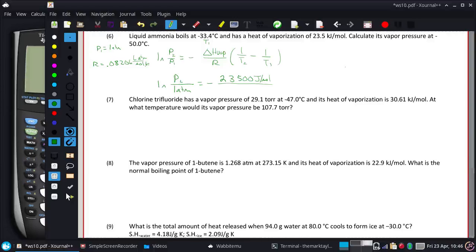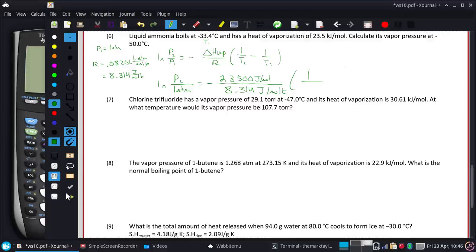Well, now we want an energy unit, and it's actually the exact same value. It's just that if we go through the unit conversion to turn the liter atmospheres into joules, we would get 8.314, which is the same as the 0.08206. So we're using this 8.314 because it has joules in it.